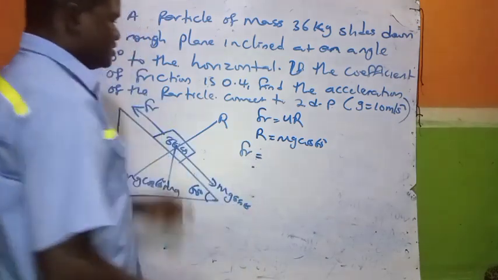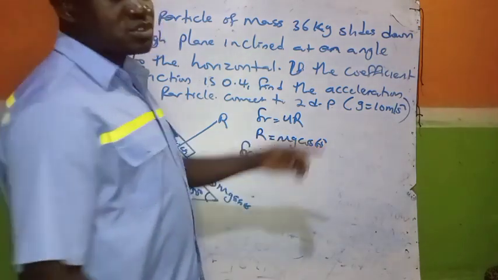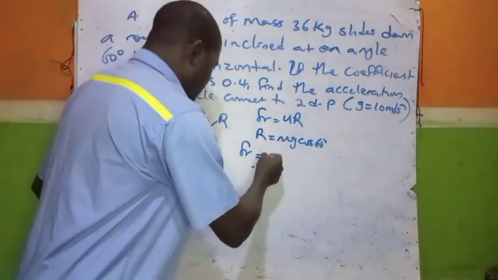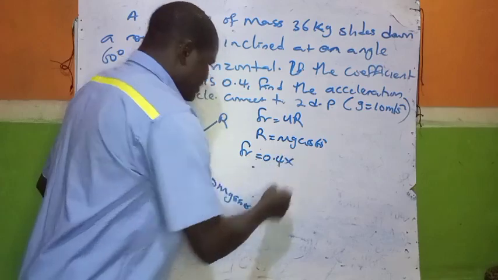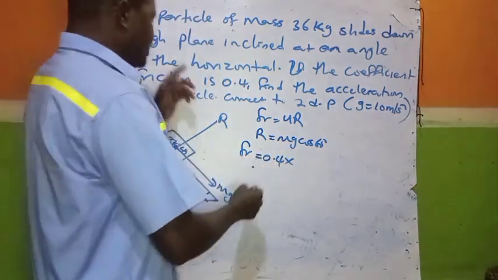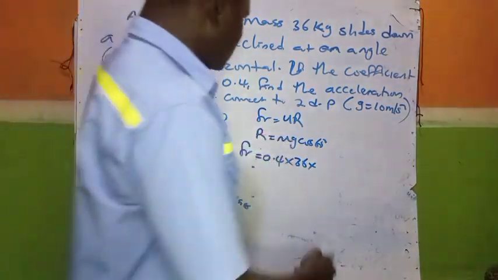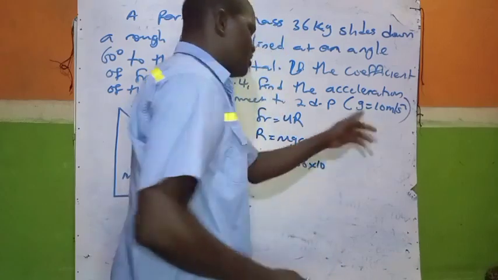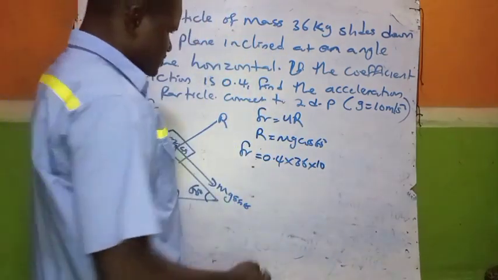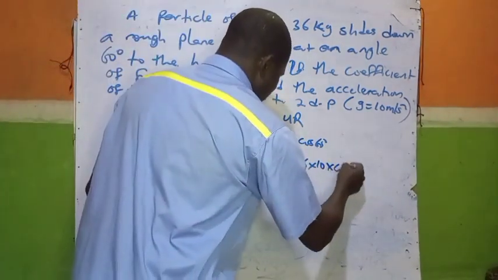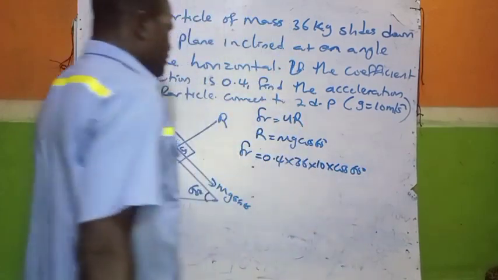Then, since R is this, the frictional force is μ, which is 0.4, times M, which is 36, times 10, which is gravity, times cos 60.